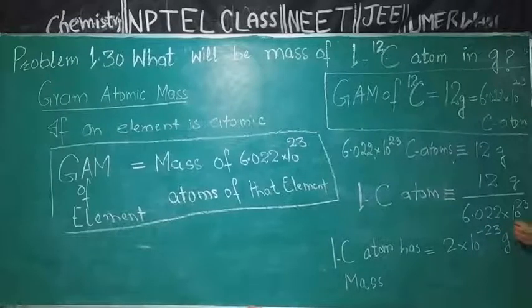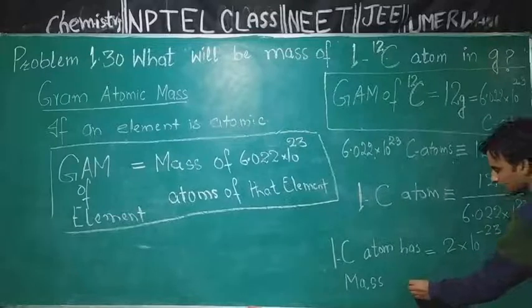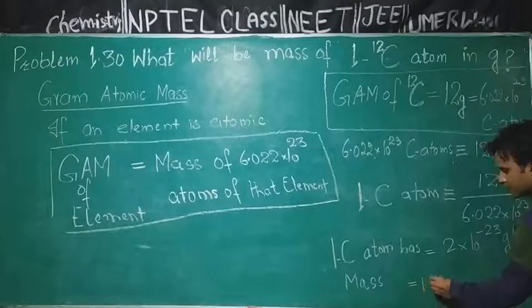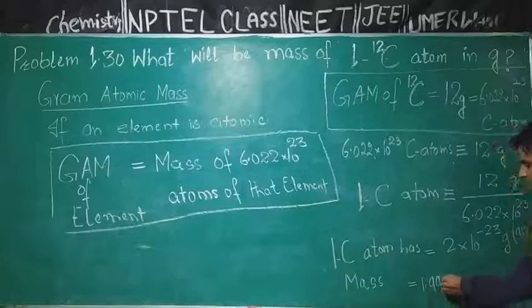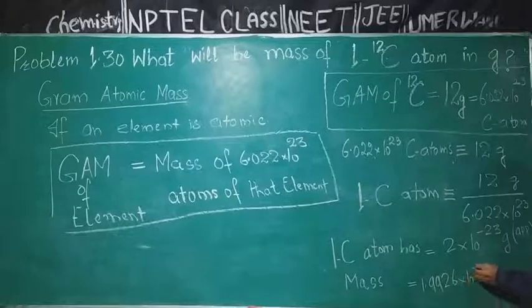But this is approximate, because I neglected the digits on the right side of the decimal, 022. If I take these digits into consideration, then the exact value is equal to 1.9926 into 10 raised to power minus 23 grams.